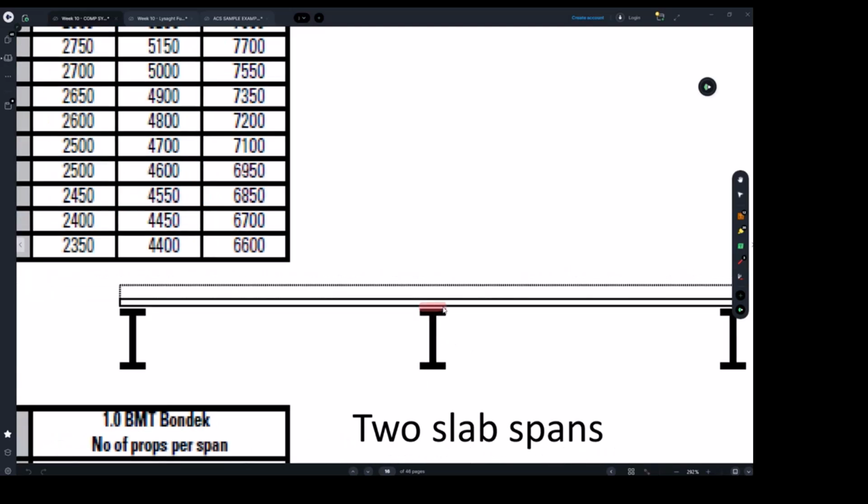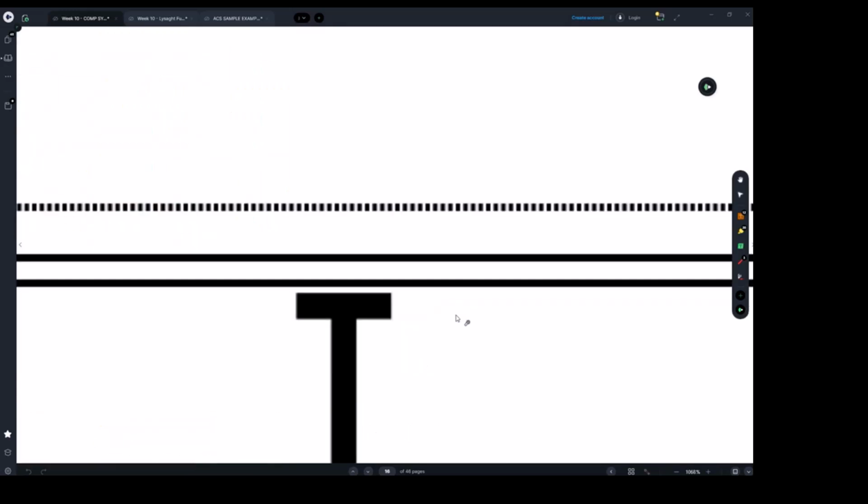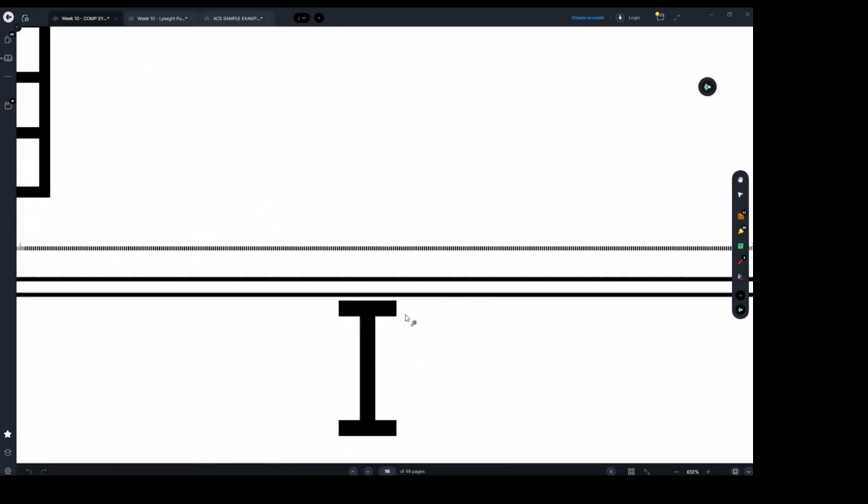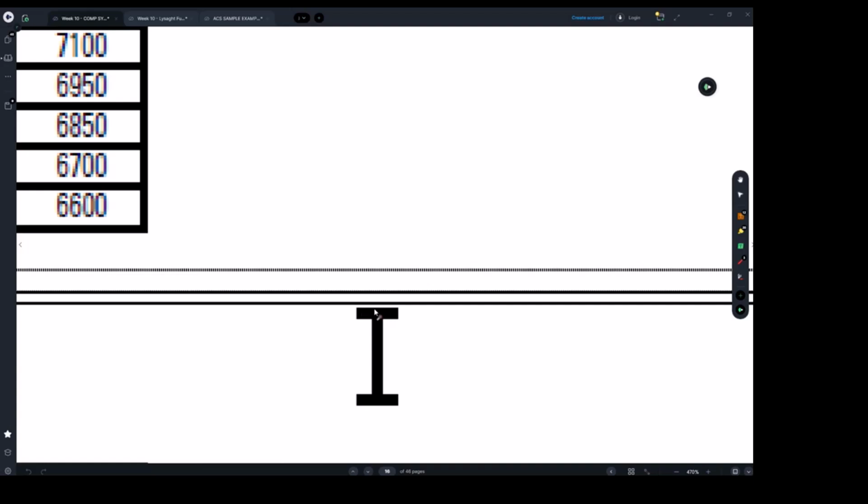So the bearing here should be 100 millimeters, and as a practicing engineer, you need to make sure the top flange is at least that, which is usually the case. The steel beam might be as small as a 200 PFC channel, which has a 75 mil top flange, which I don't think anyone is going to use.